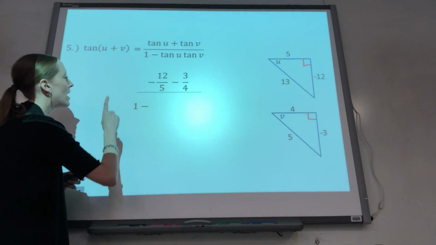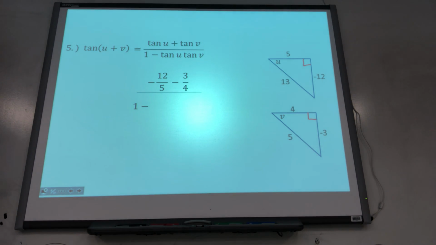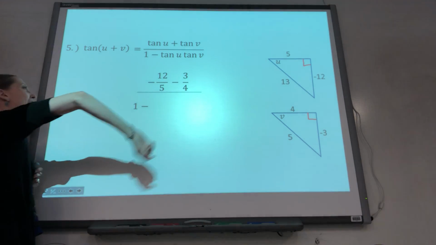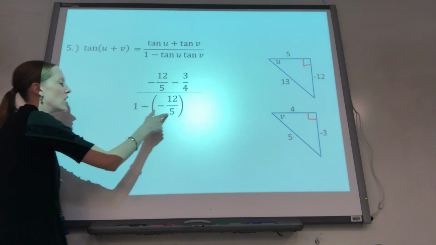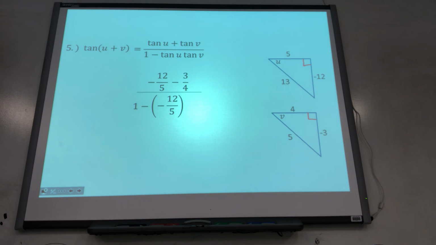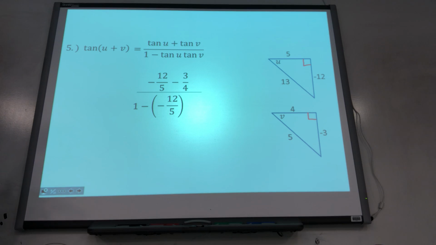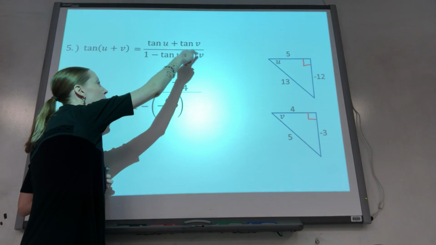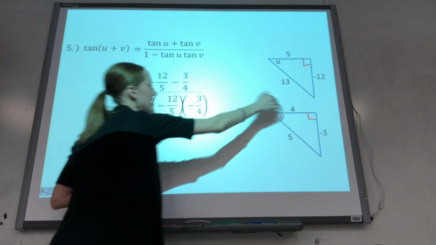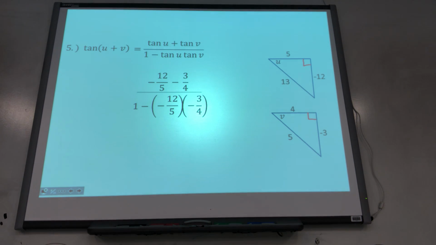Okie doke. On bottom, you can go ahead and put the 1 minus. Now I have to take tangent of u, which is negative 12/5. I put it in parentheses just so my brain knows it's going to get multiplied by something. And it sure does. It gets multiplied by tangent of v, which was negative 3/4. Now, we're going to have to work on the top and bottom separately for a little bit until we can maybe do a little keep, change, flip later on.